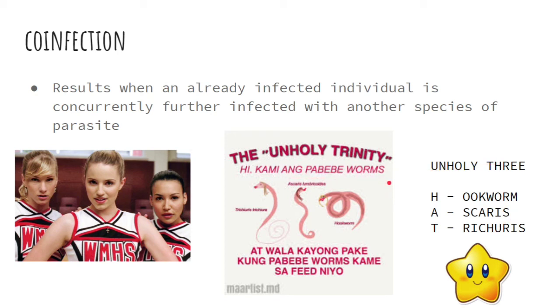So kami po ang pabebe worms. Ayan. So silang tatlo po yan. This can be a cause of co-infection. Personally, wala pa akong nakikilala or natitest sa laboratory na merong present ng tatlong to. But ang naranasan ko na is present both Ascaris tsaka si hookworm. Okay? Hindi naman sa sinasabi kong gusto kong makakita ng isang taong merong tatlong to. Mahirap pong gamutin yan kasi tatlong parasite yan. So that is co-infection.